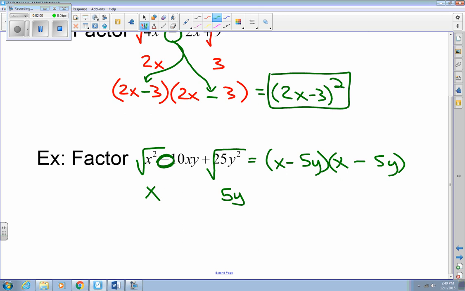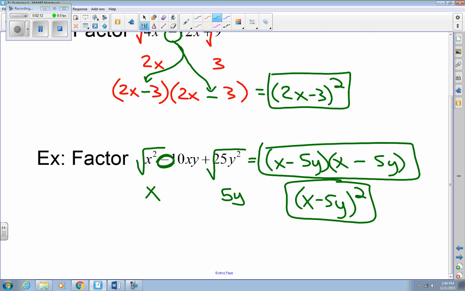You can rewrite this as x minus 5y squared if you want. I'm not going to mark off if you don't. You can write either that or this, either way. It's fine with me. Moving on.